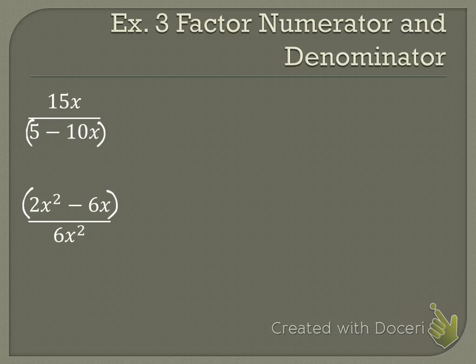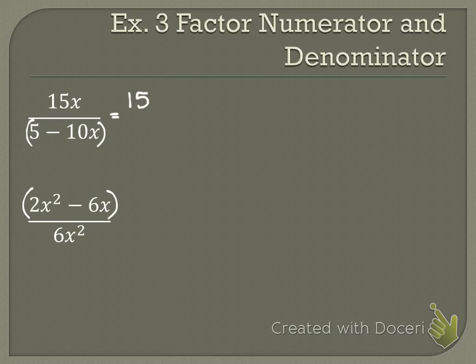Well, but this is where last week's lessons come into play. Look at what I have inside of parentheses on that first problem. 5 minus 10x. Do you see a greatest common factor in that problem? Yes. 5 and 10, their greatest common factor is 5, right? So I can pull that outside of parentheses and then I can simplify this.